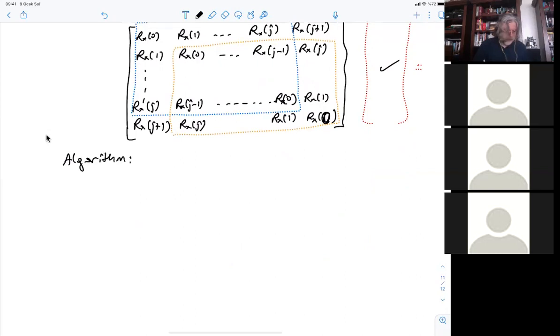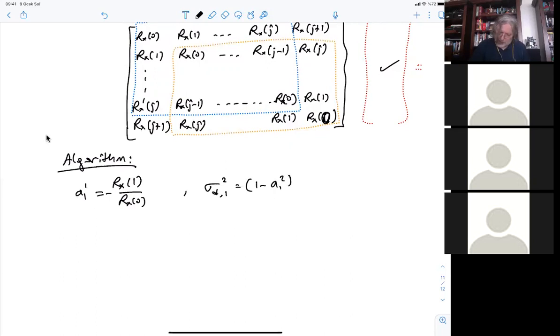The algorithm of this Levinson recursion is as follows. You say that A1 at first iteration is equal to minus Rx of 1 over Rx of 0, and sigma d in the first iteration squared is equal to 1 minus A1 squared times Rx 0.